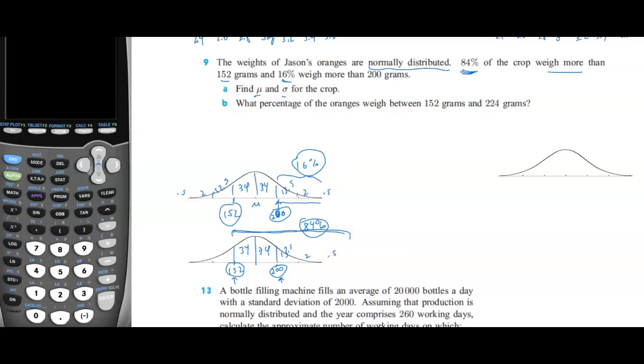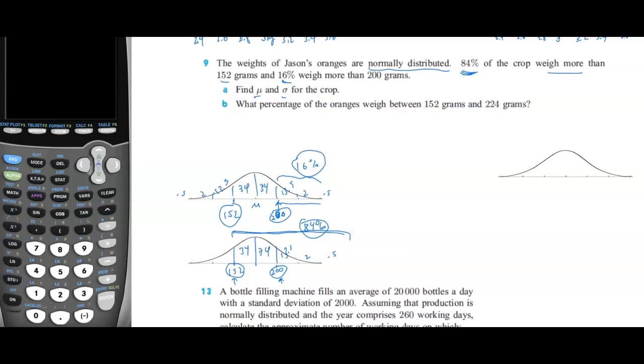I think it's around 175, maybe 176. How do we figure that out instead of guessing? If we find the average between 152 and 200, that would be the mean. If we add 152 and 200 together and divide by 2, that would be 352 divided by 2, which is 176.